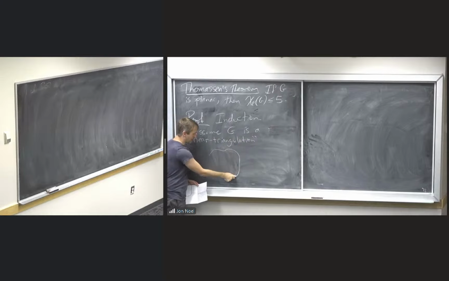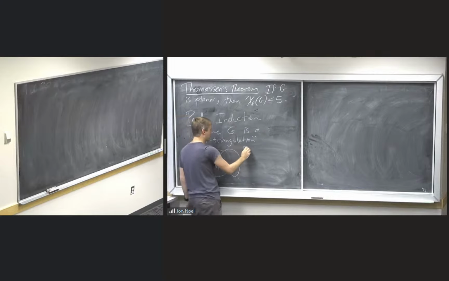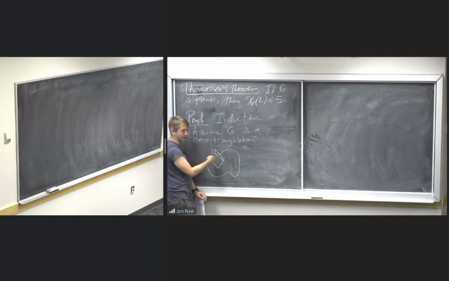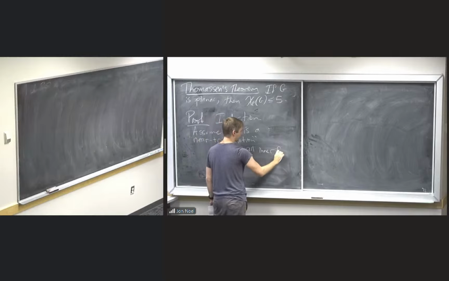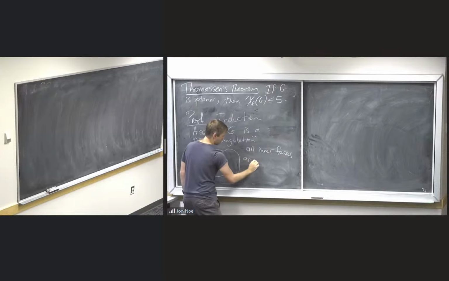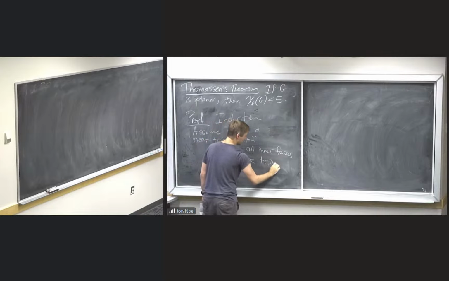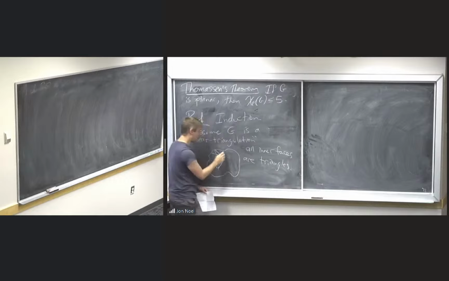When you have a planar graph, there are inner faces and an outer face. All of the inner faces are triangles. If one wasn't, if I had a face of size 4, I could just put another edge, and it just makes it harder to color. So it just means the outer face might not be a triangle, but all the inner faces are triangles. The outer face might be longer, but that doesn't really matter.